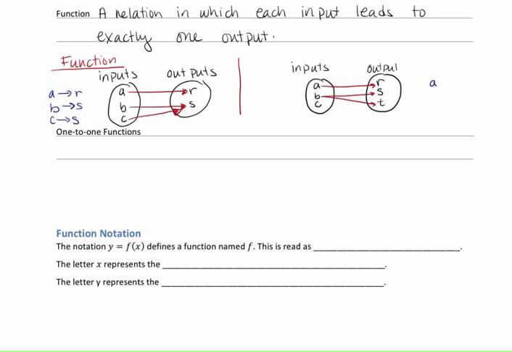Is this a function? A goes to only R, so that does not cause us a problem. B goes to S, but B also goes to T, and that's a problem. This single input of B leads to two outputs. The definition of a function tells us that each input must lead to exactly one output. So this is not a function.